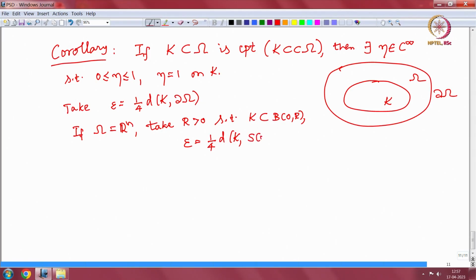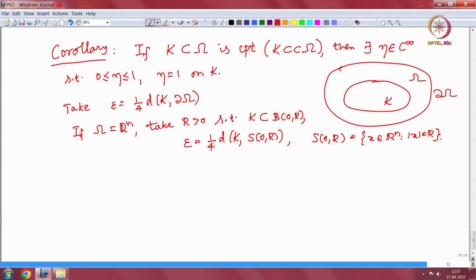Let me write the sphere notation: S0 R is the set of all x in Rn with mod x equal to R.